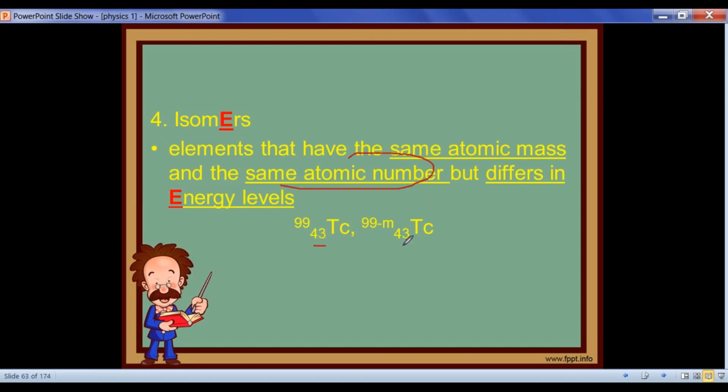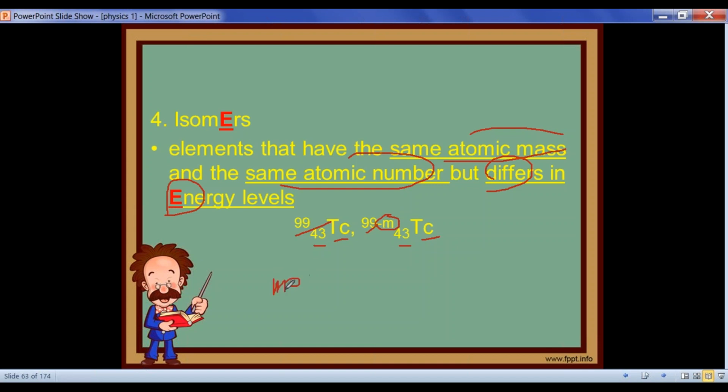The same atomic number, 43, so meaning they are the same element. They also have the same atomic mass, 99 and 99, but they differ in E, which stands for energy level, and in this case is represented by small letter m.